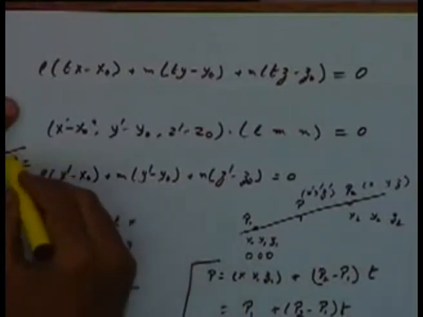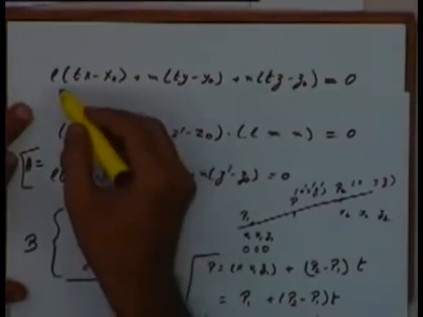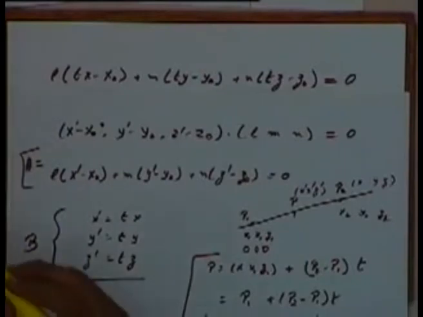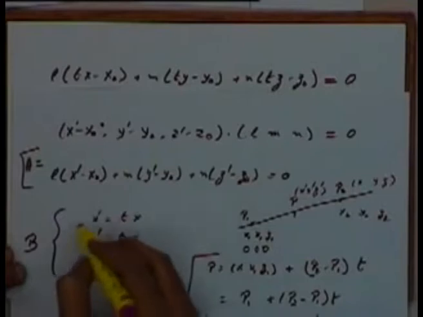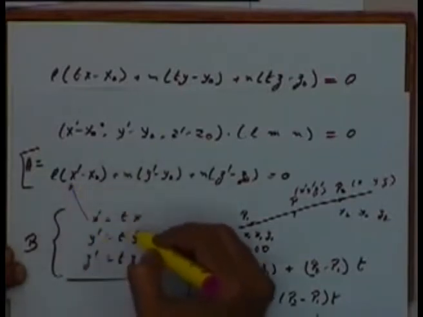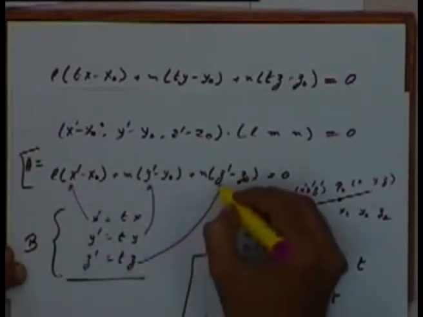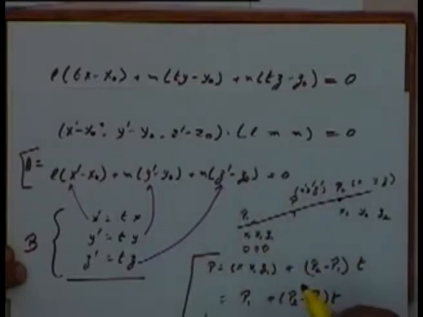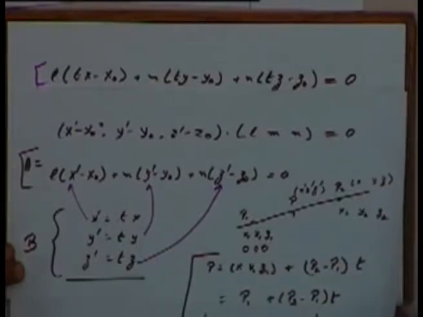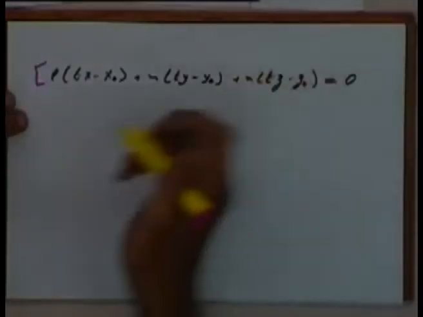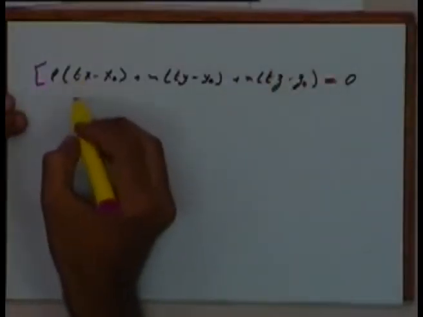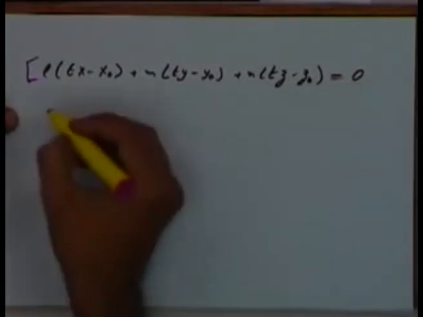I have taken this equation and these equations and I have got this. So I have put x prime over here, y prime over here and z prime over here, and I will get this equation. So now if I find out the value of t from this equation, I will get t.